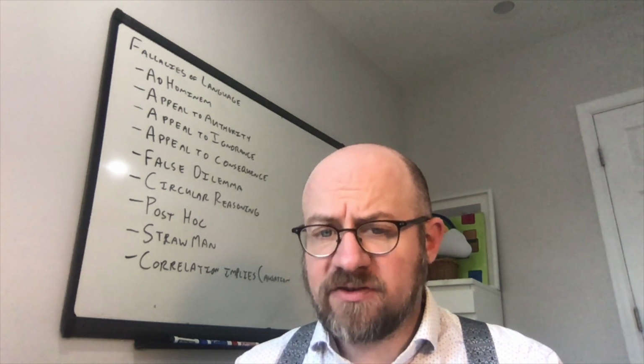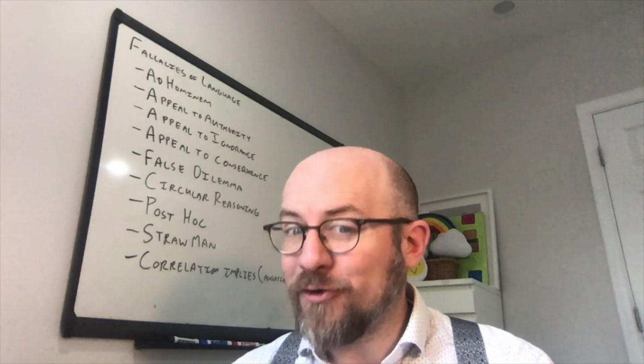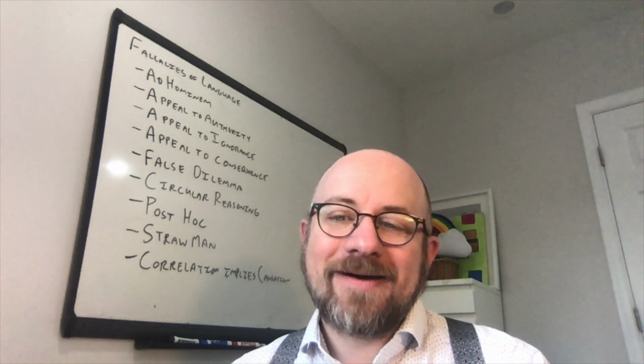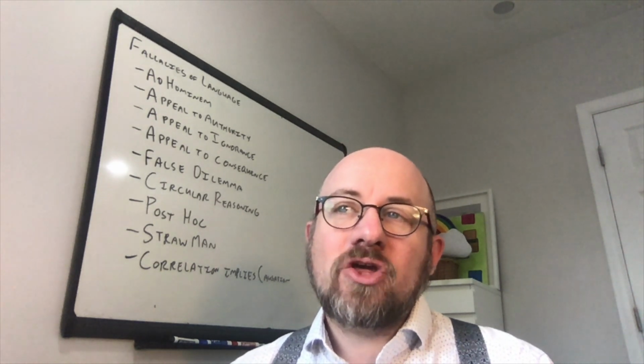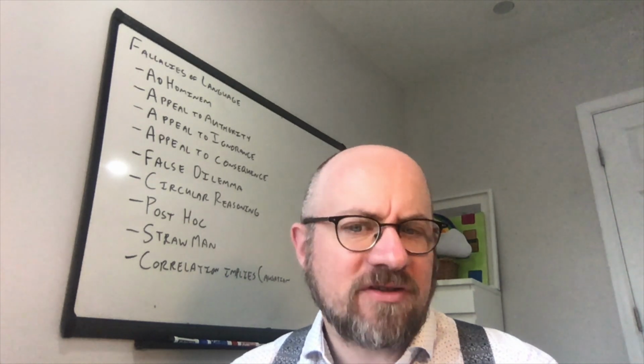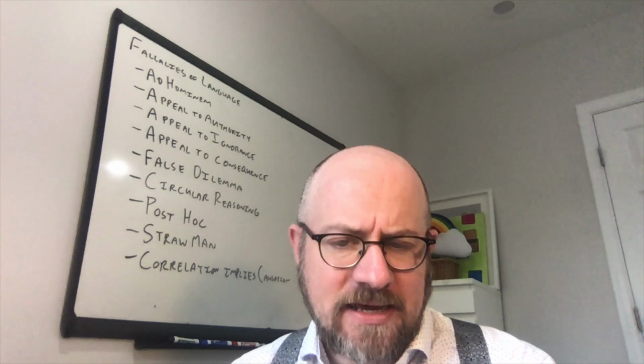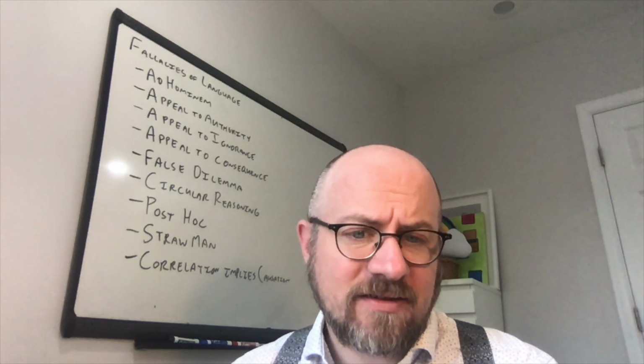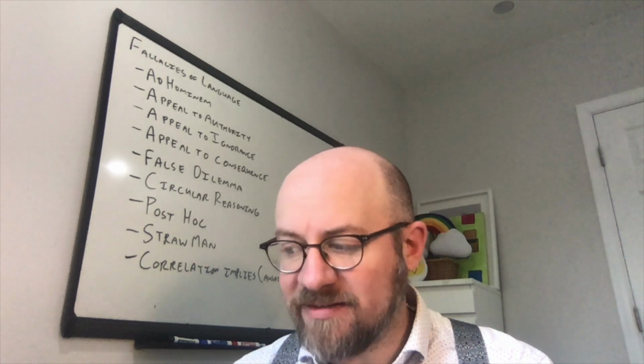The next one here is a straw man. This is also popular on the internet. In a straw man argument, you take what your opponent is arguing and you replace it with something much more exaggerated that's easier to argue against. So you'll see this, like I said, a lot on the internet.